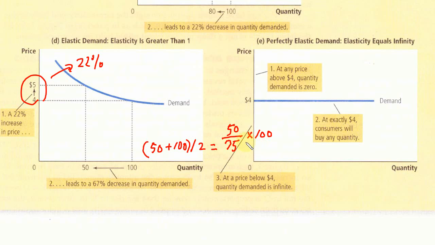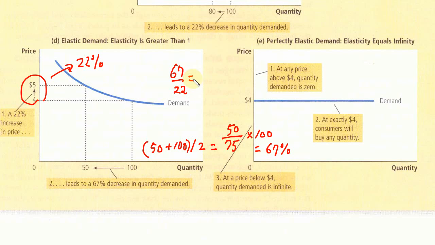Then this one is maybe 67% elasticity: 22% percent change in price, and 67% change in quantity.